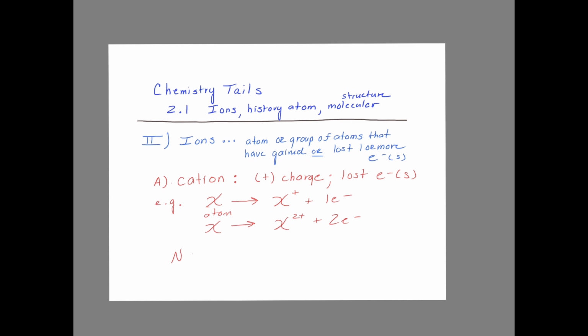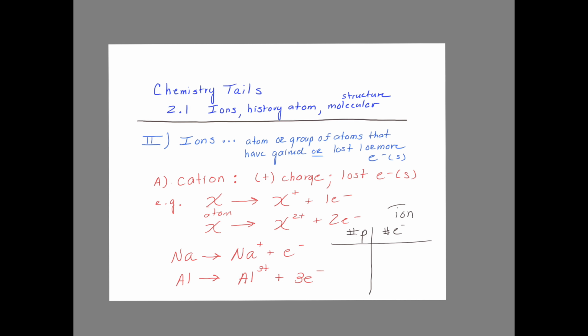So those are examples of cations. The element sodium, if it loses 1 electron, forms the sodium ion. And aluminum likes to lose 3 electrons, so it's going to form a +3 cation.